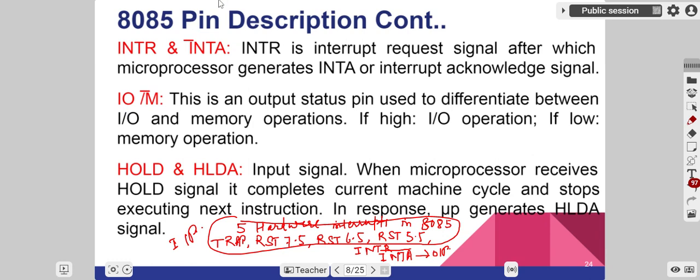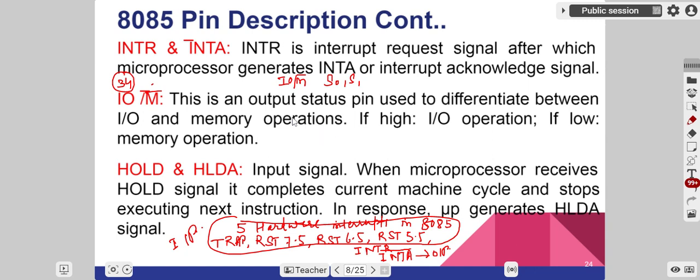Next pin is input output slash memory bar (IO/M bar). Input output slash memory bar is actually pin number 34, I think. Yes, pin number 34. I already told you that S0, S1 and input output slash memory bar, these three pins are used combinedly to check the status of the microprocessor, that is, which operation it is performing.